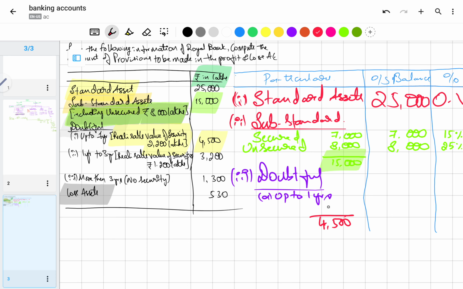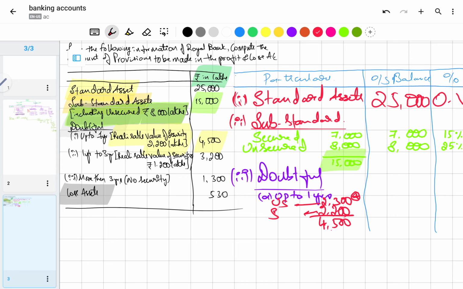That realizable value, 2,200 lakhs, is the secured portion. What is the difference? 2,300. This is the unsecured portion. Here, secured portion is 2,200, unsecured portion is 2,300.